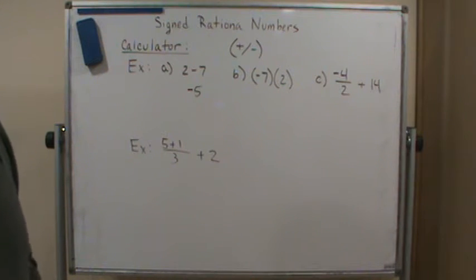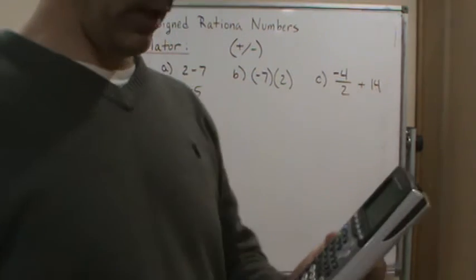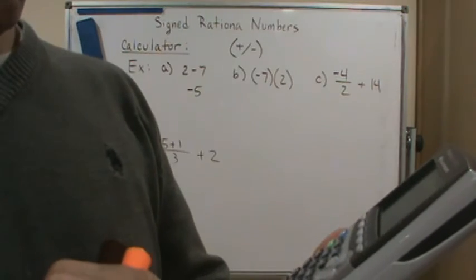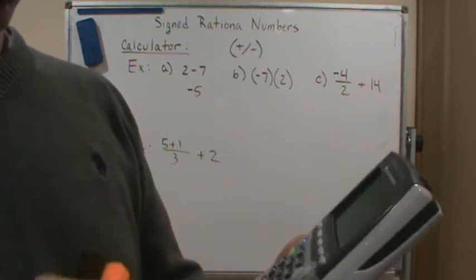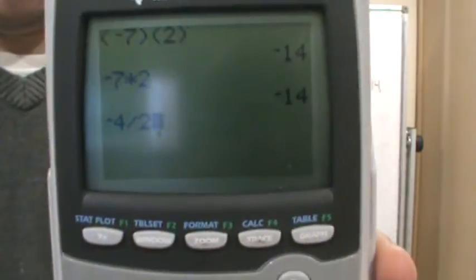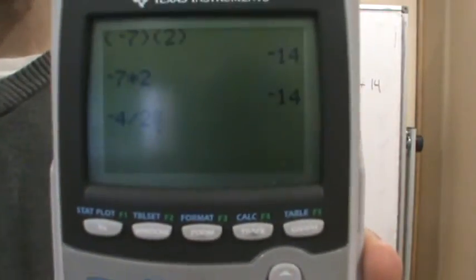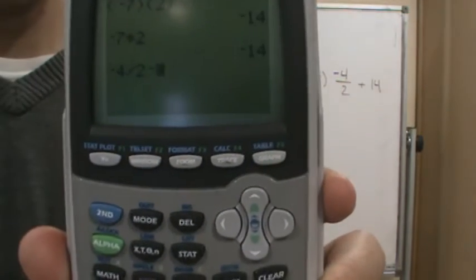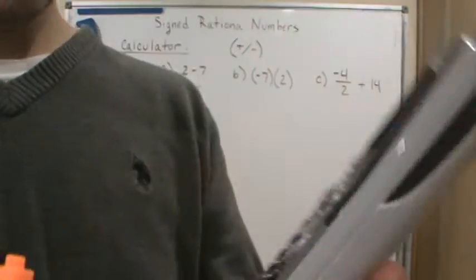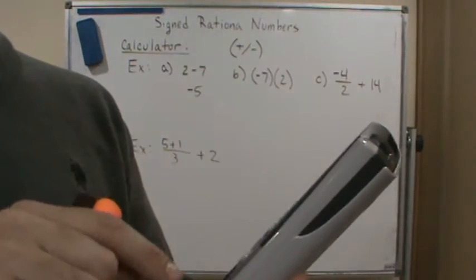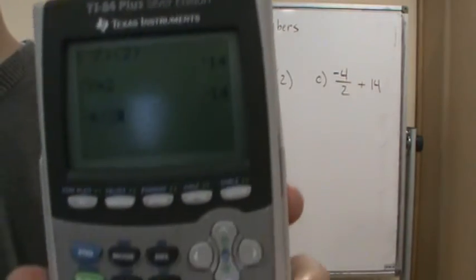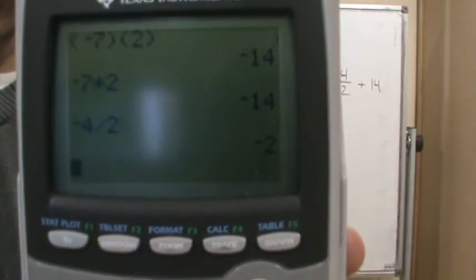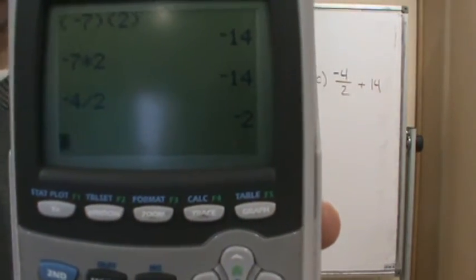So I'm going to do negative 4 divided by 2. Okay, and now I'm going to hit enter. So I get negative 2.